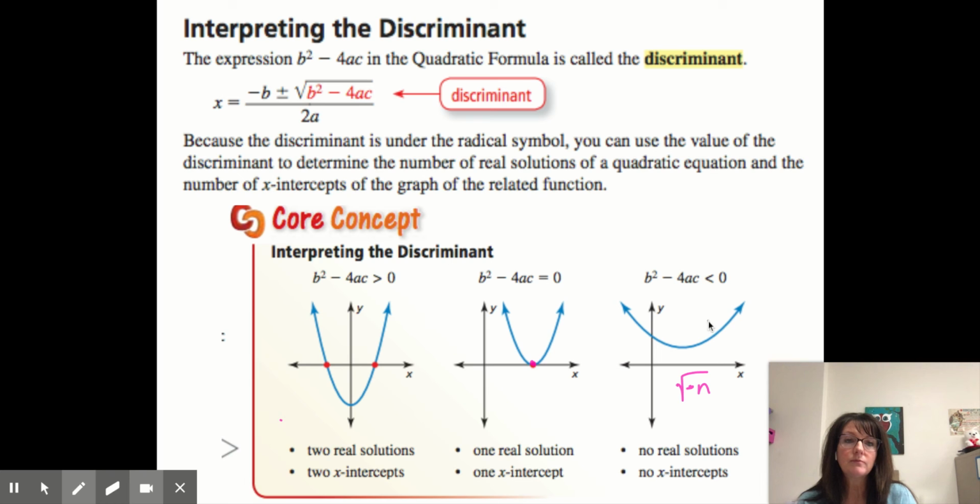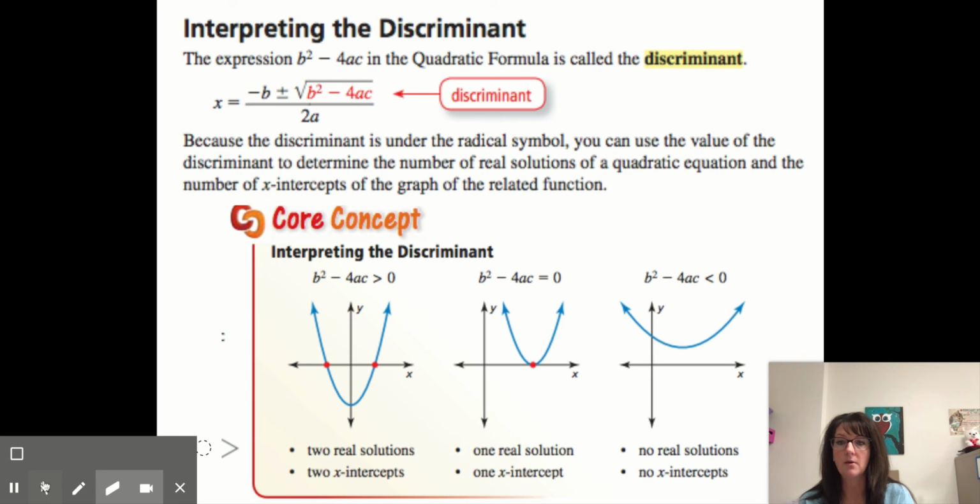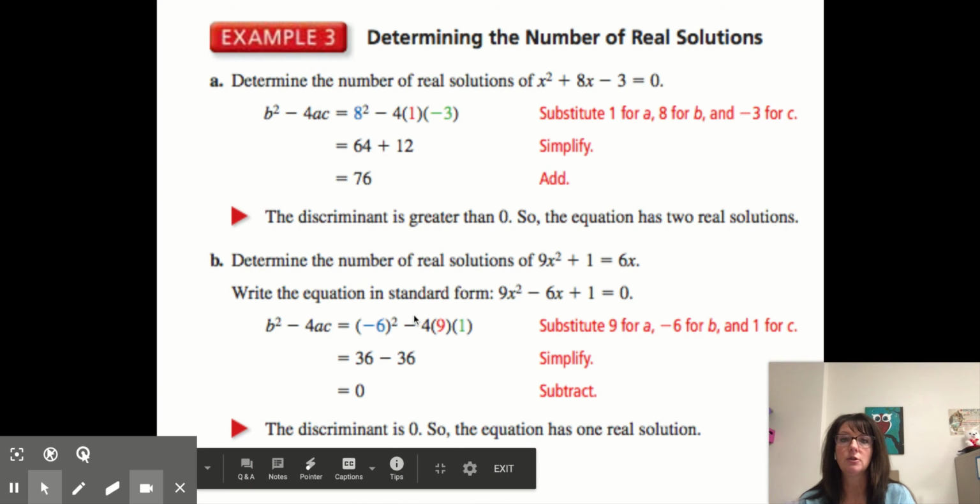Anyway, if we have the discriminant as a negative number, in high school you will be dealing with that and being able to simplify it using imaginary numbers. So for now, let's determine the number of real solutions.